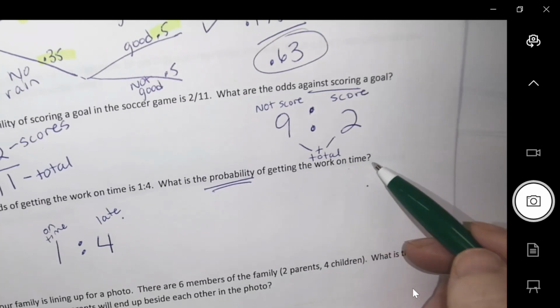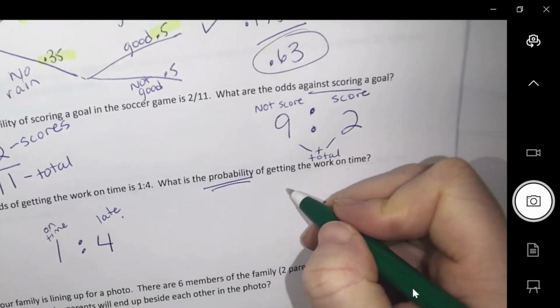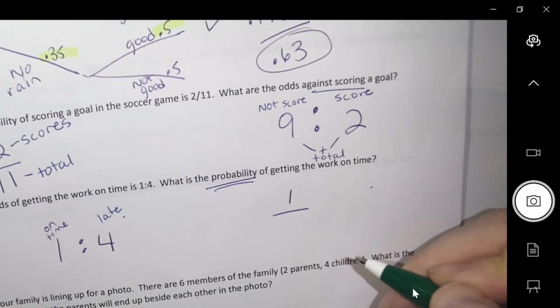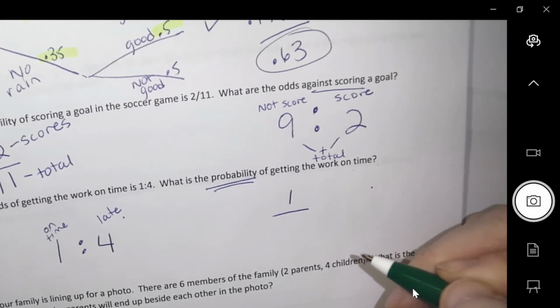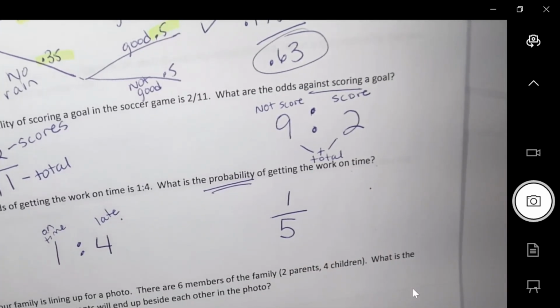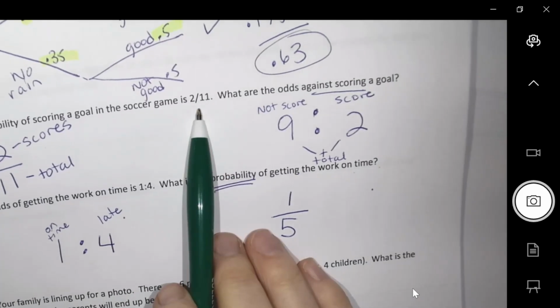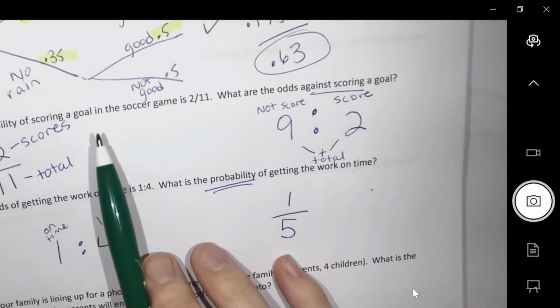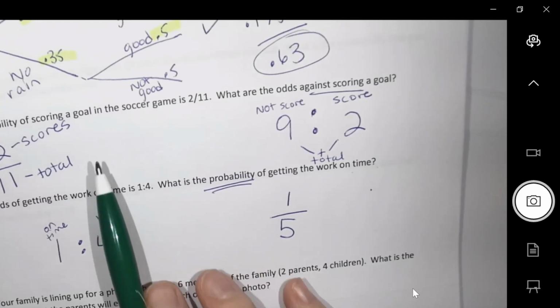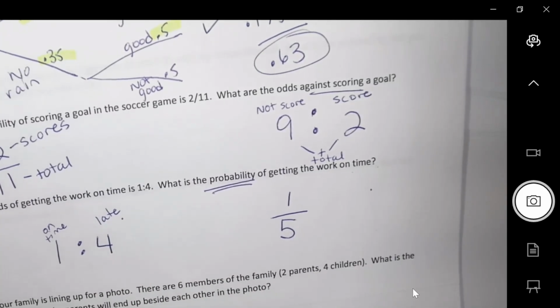So getting to work on time, so I get to work on time 1 out of, and then what's the total is what I'm looking for. So that's the answer, 1/5. So you will have 2 types of those questions on your test. One where I give you the probability and then you got to work towards the odds, and one time I'm going to give you the odds and then you got to work to a probability. Okay?